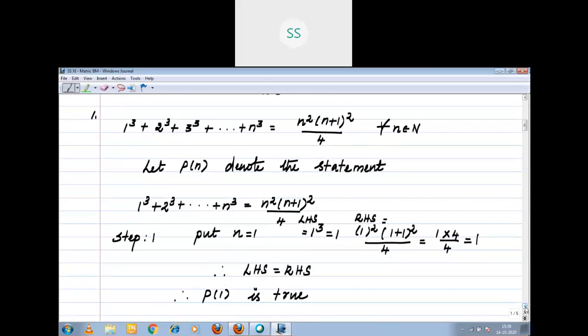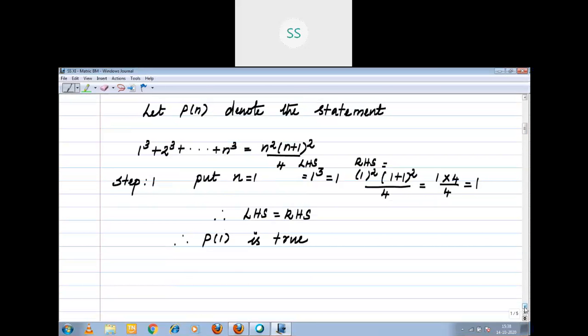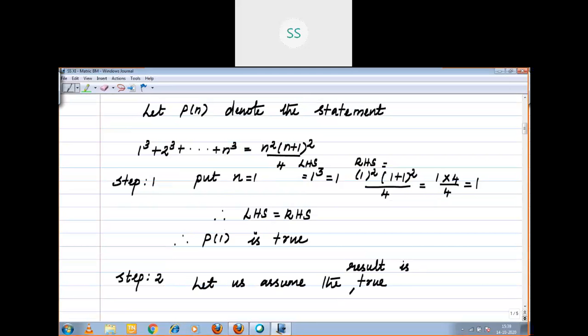Next step, the inductive step, I said. In that you have to assume the result is true for n equal to k. Step 2: let us assume the result is true for n equal to k.